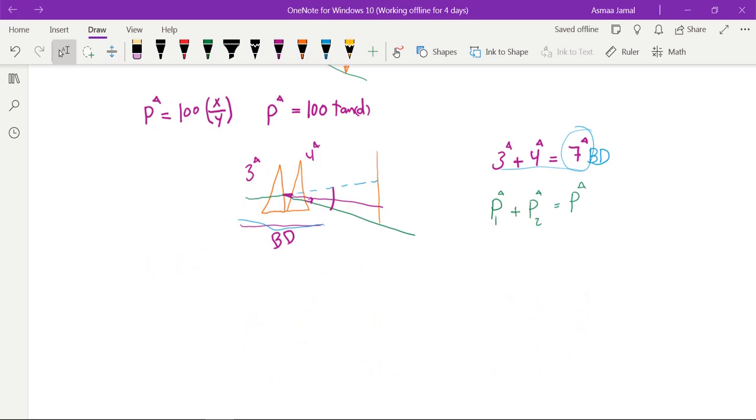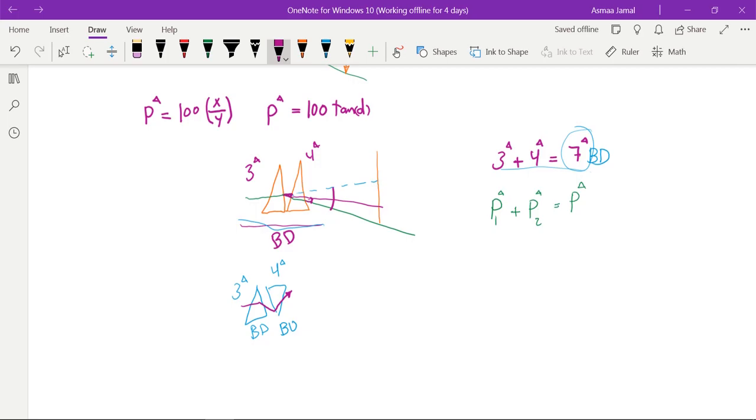Okay, what if the base directions of the 2 prisms are opposite? For example, one base down, and let's say it's 3 prism, and the other one is 4 prism, but this time it's base up, which means the light will deviate like that, then go back again like this, since the light deviated by the prism will deviate toward the base. In this case, we'll subtract the prism diopters.